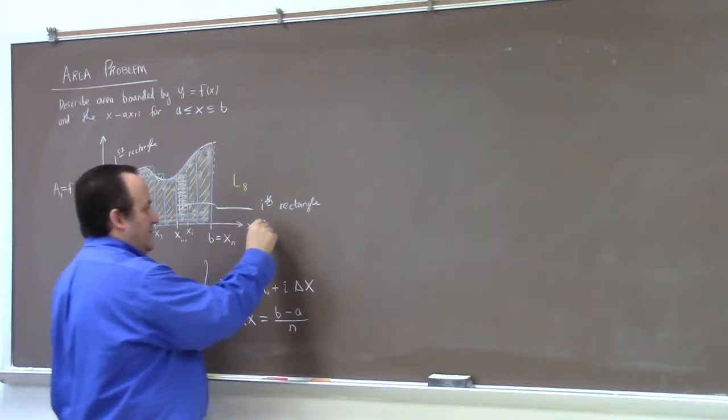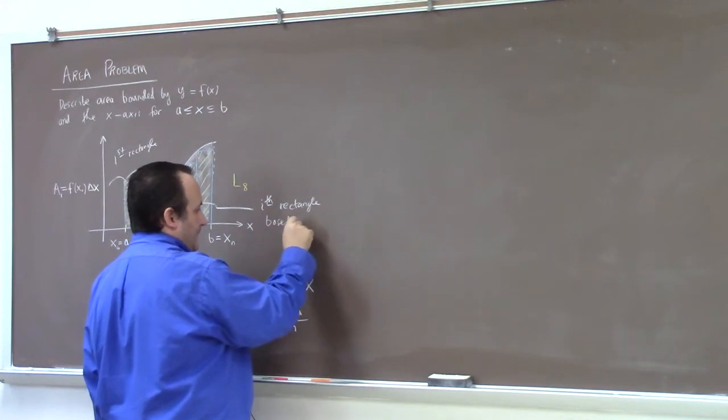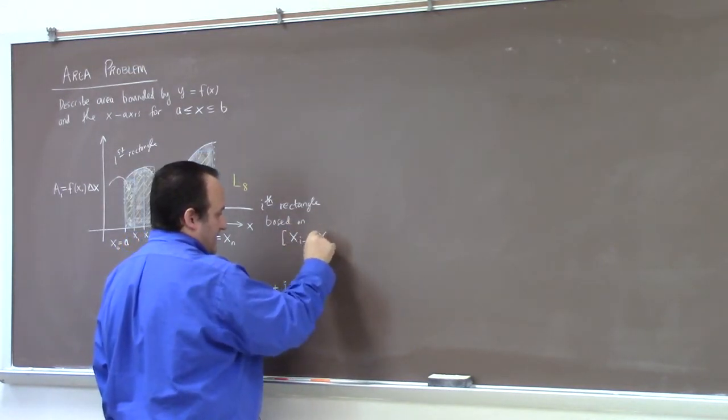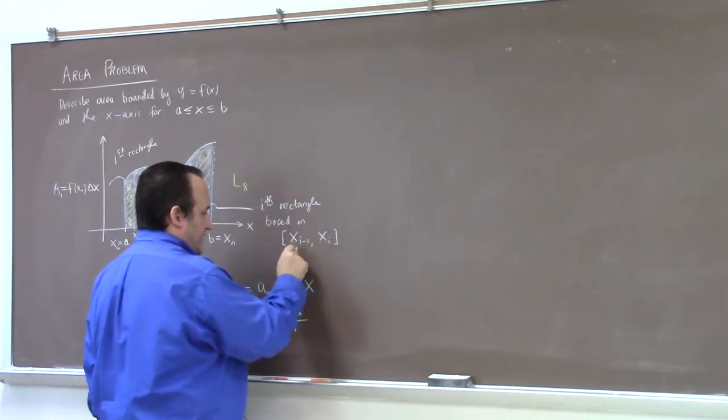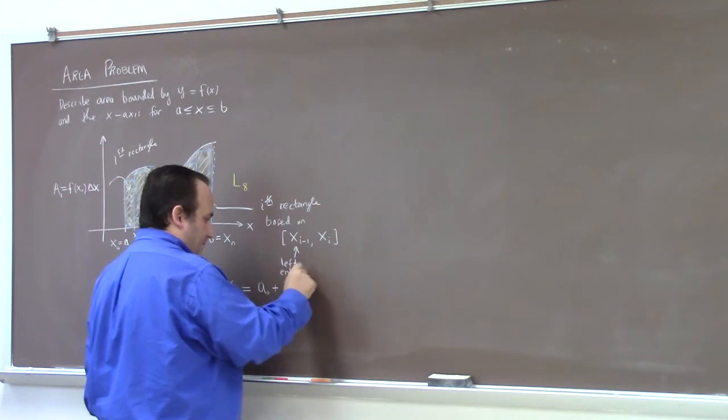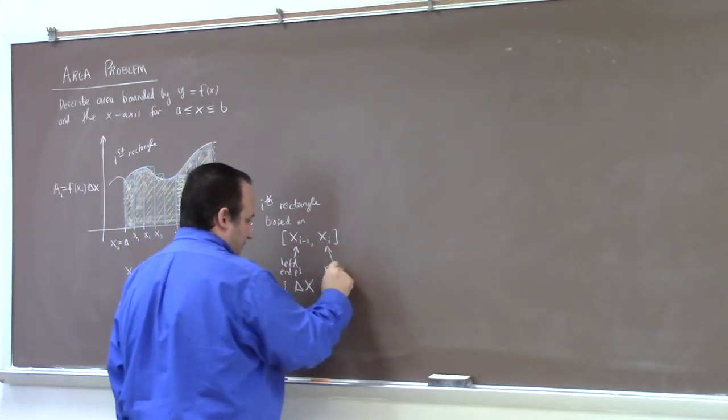So it's based on the subinterval x sub i minus 1 to x sub i. This is the left endpoint, and this is the right endpoint.